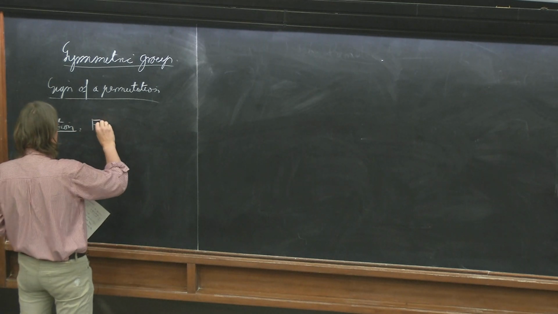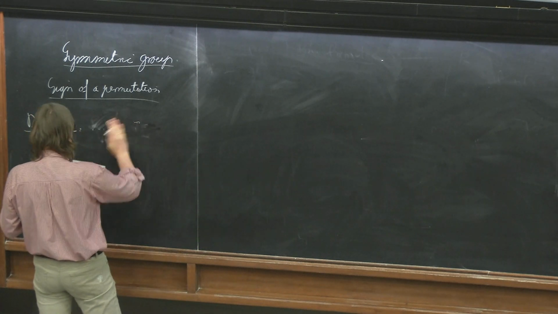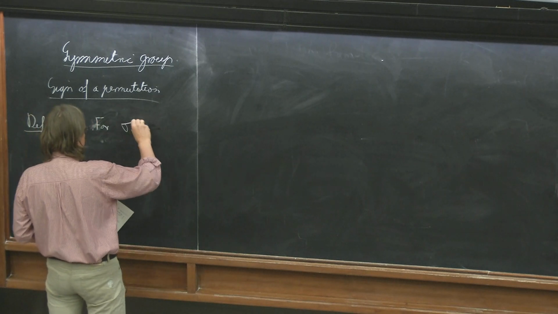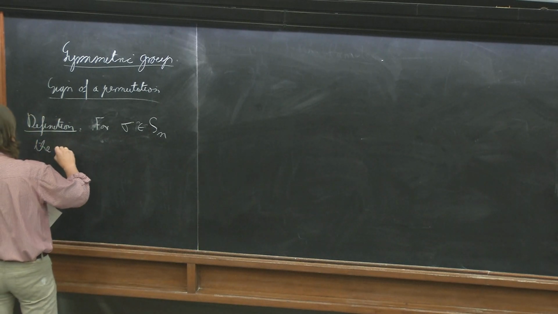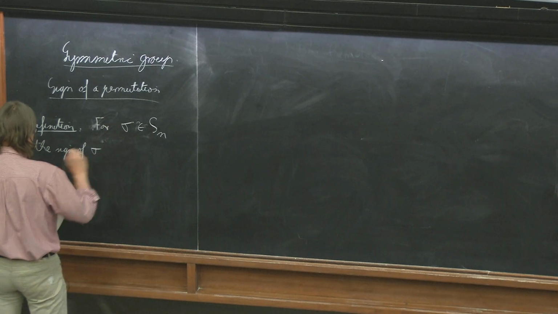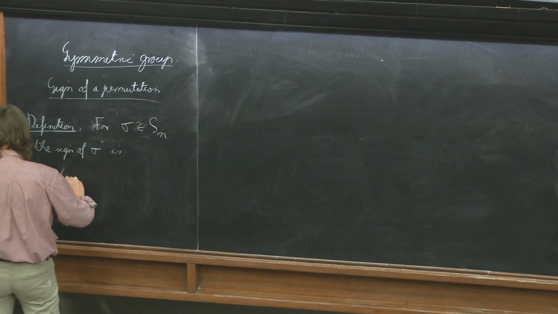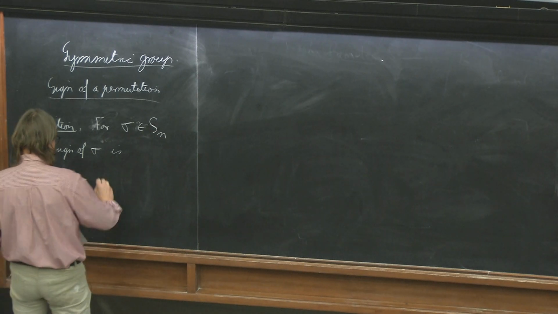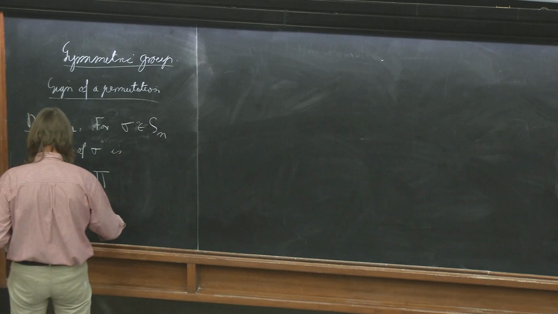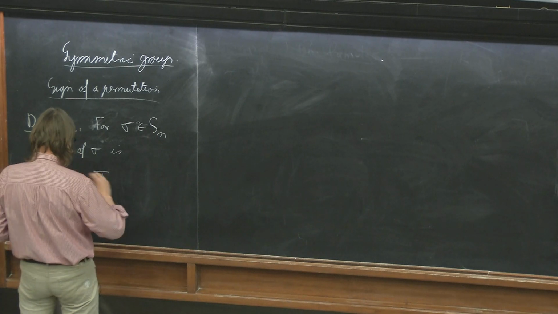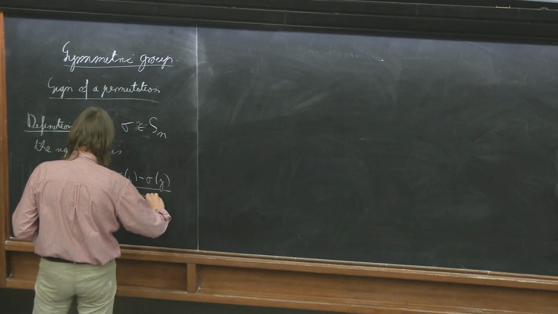So for an integer n, and sigma an element in the symmetric group S_n, the sign of sigma is defined to be this epsilon of sigma, the product over all i, j with i bigger than j, of sigma(i) minus sigma(j) divided by i minus j.